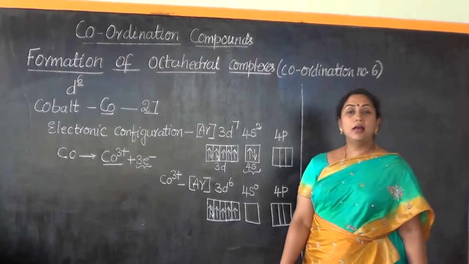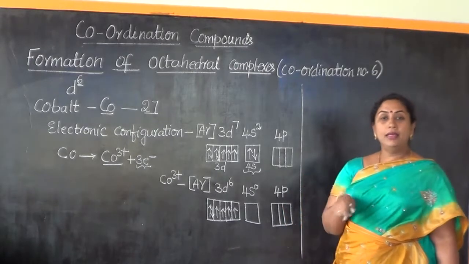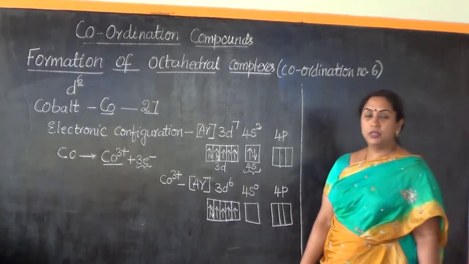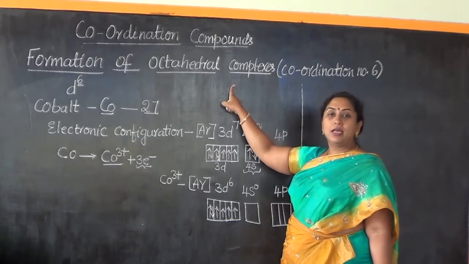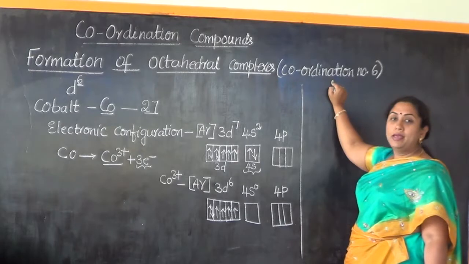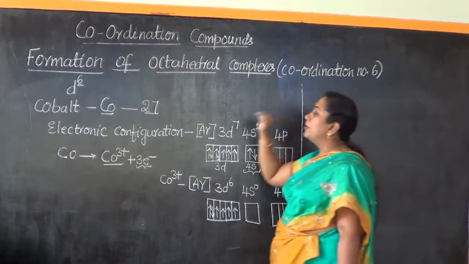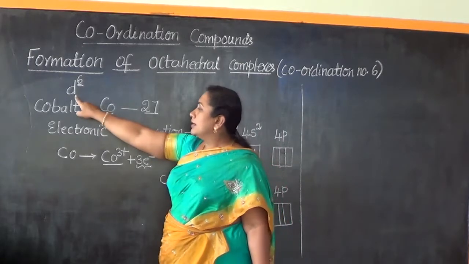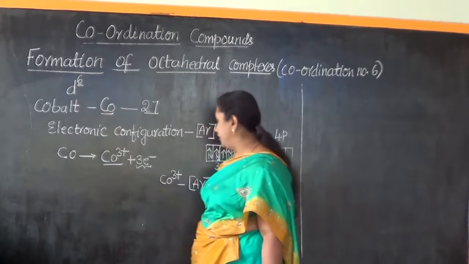Say supposing there are 6 ligands which are approaching. Again, why am I talking about 6 ligands? Because we are discussing formation of octahedral complexes where the coordination number will be 6. Now, under that we are discussing the complex formations containing 6 electrons in the orbitals of d.